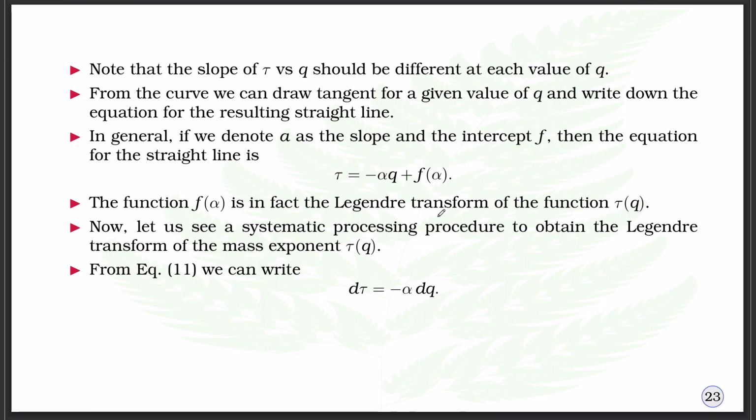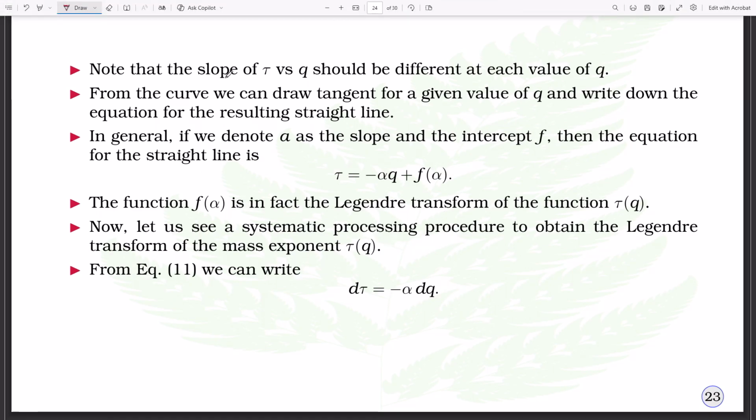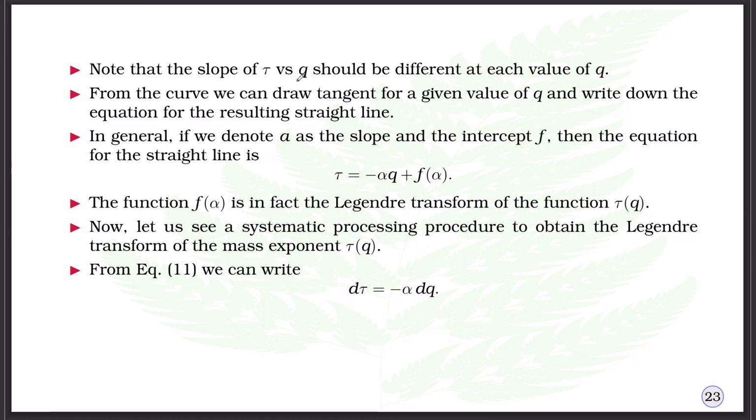Note that the slope of tau versus q should be different at each value of q. From the curve we can draw the tangent for a given value of q and write down the equation for the resulting straight line.